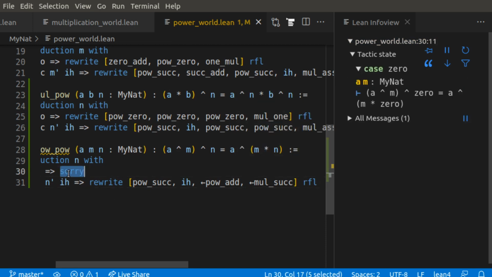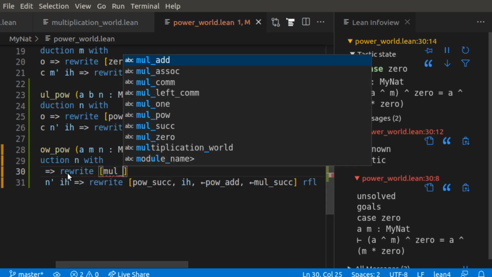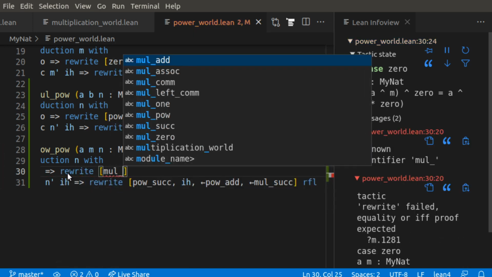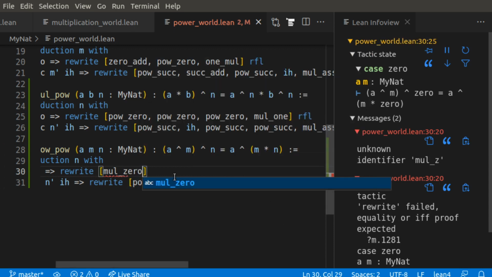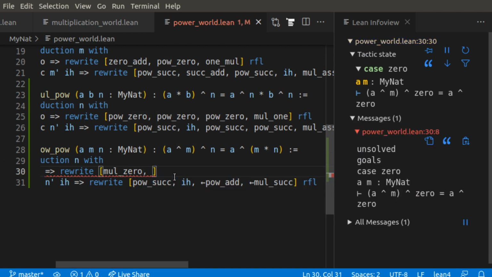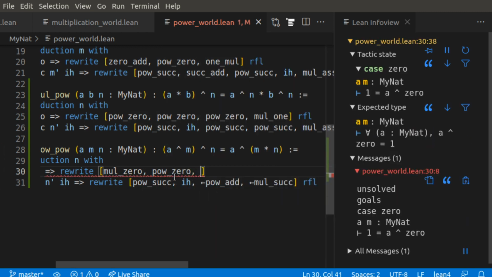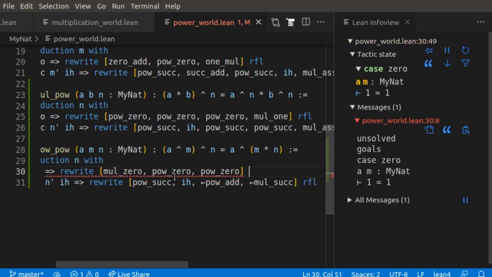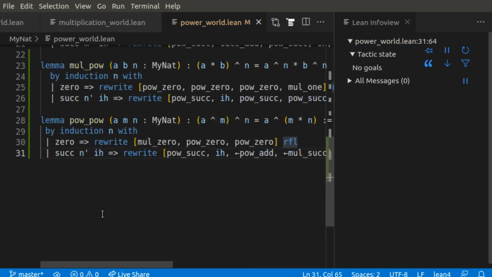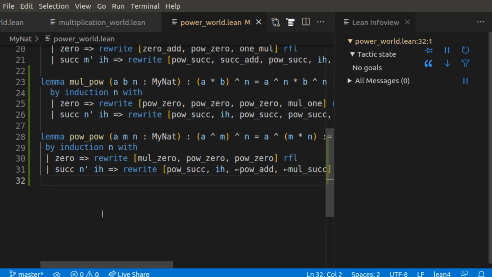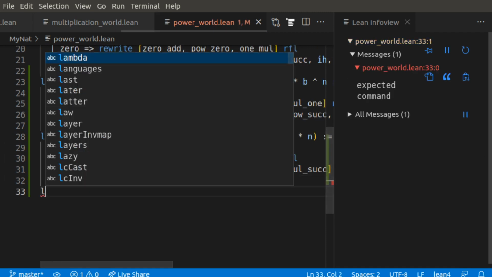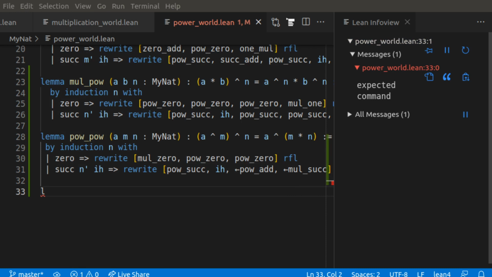Okay, rewrite mole 0. Oh, back to this. Mole 0. Pow 0. Pow 0 and 1 equals 1 by reflection. Nice, that's power done.